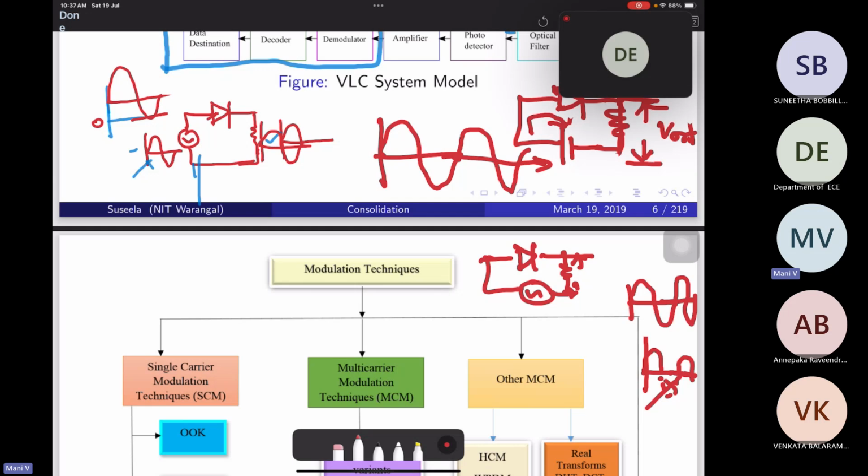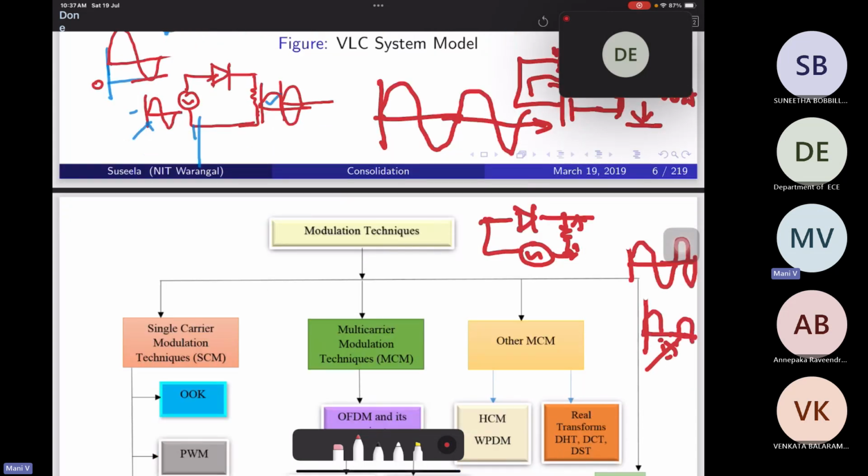But if you want to use the same LED for illumination as well as communication, the obstruction we are facing because of this forward direction conduction is that it can conduct only during the positive information, and the negative information we are losing. So what I speak in front of the device gives only half the information.